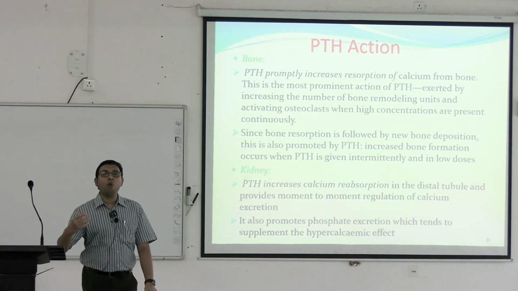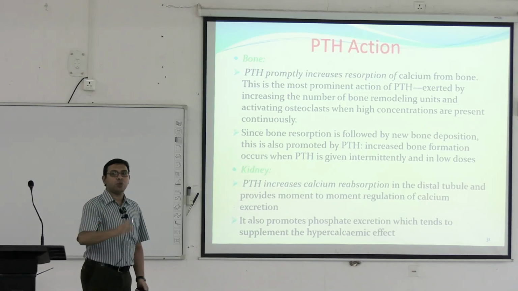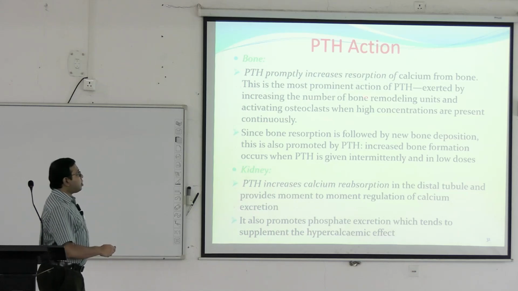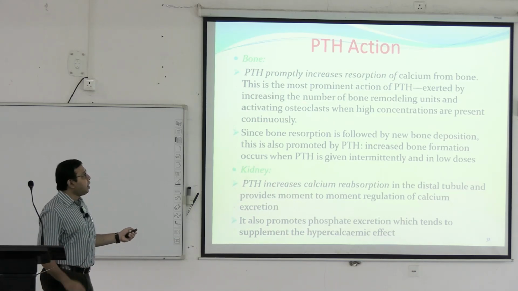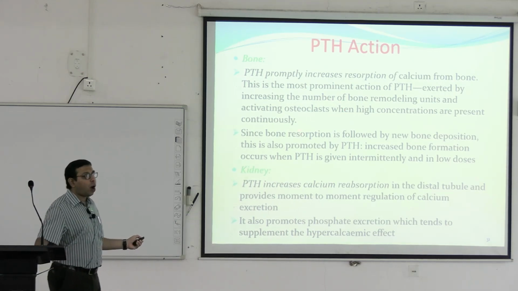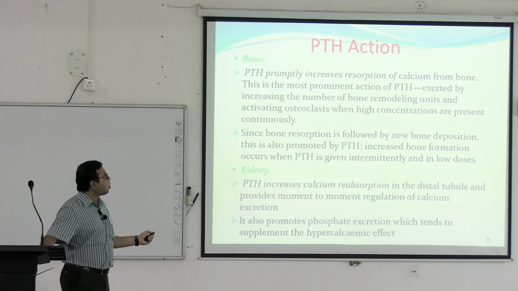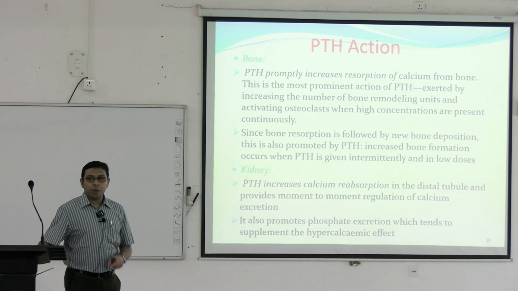Parathyroid hormone causes more bone resorption, so calcium is released from the bone and comes to the blood. This is the most prominent action of parathyroid hormone. It is exerted by increasing the number of bone remodeling units and activating the osteoclasts when high concentrations are present continuously. So osteoclasts are the main cells that cause bone resorption.